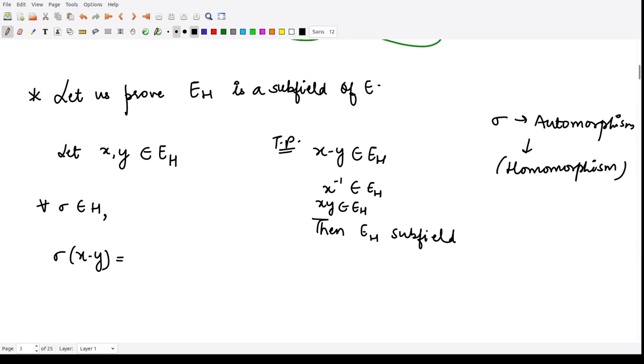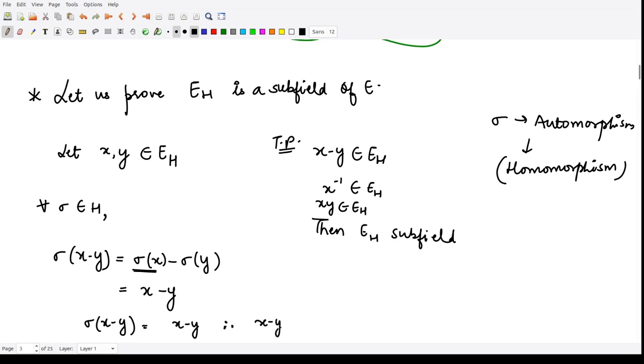It preserves the structure. So that means you would have sigma of x minus sigma of y. So we can separate out all the terms. And what is sigma of x? Because this is an identity mapping, it would be equal to x and sigma of y would be equal to y. So from here we got that sigma of x minus y is equal to x minus y.